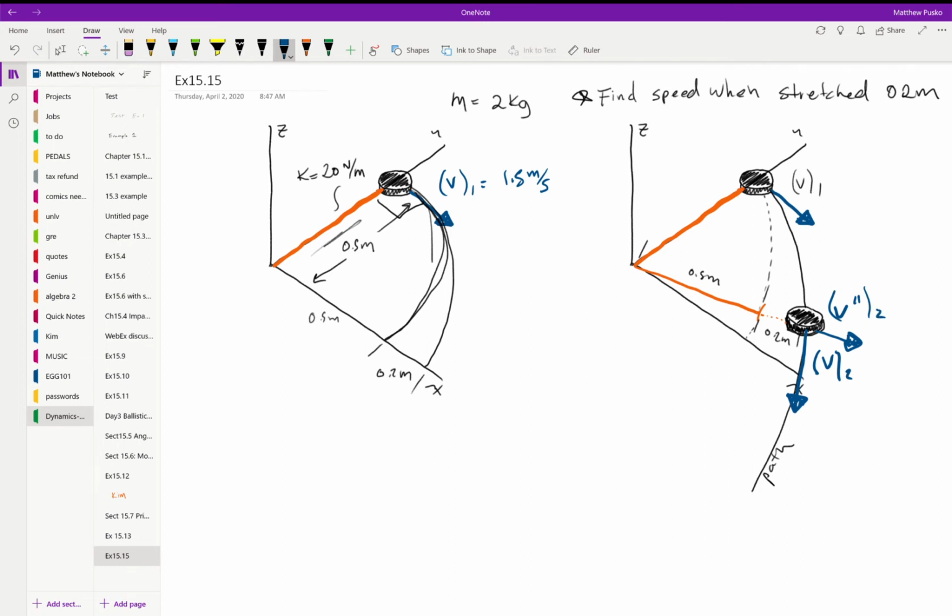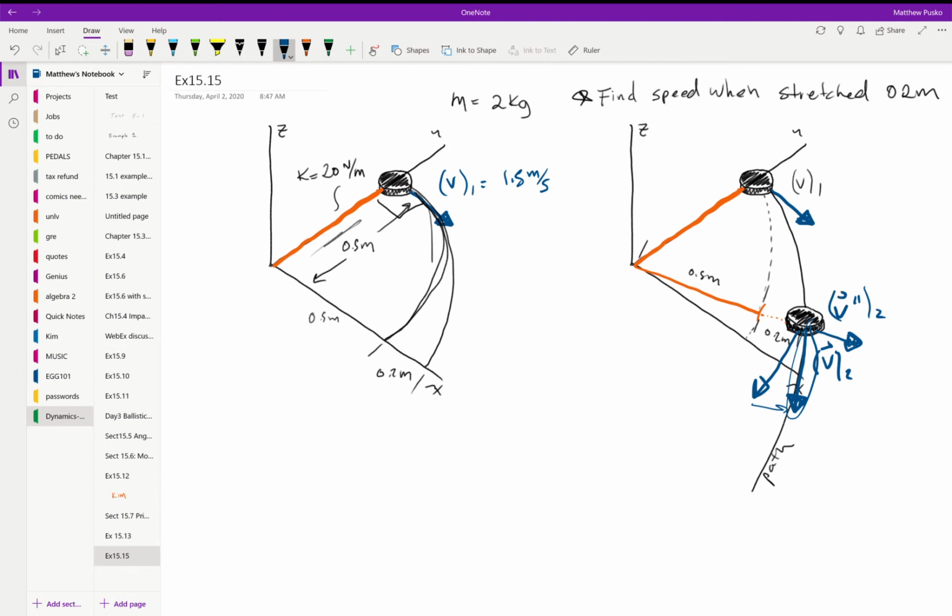There is also going to be some component in the transverse direction like this, and I should make that a little longer actually, so that when you add these vectors together, you get our vector v.